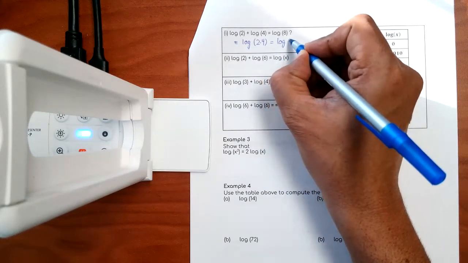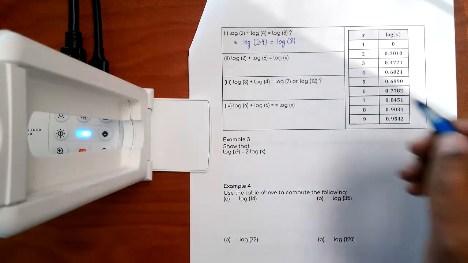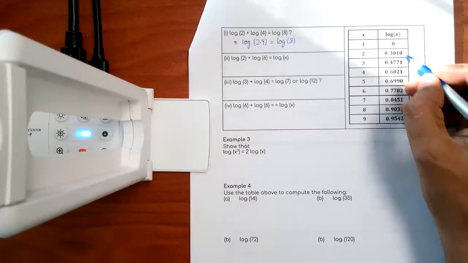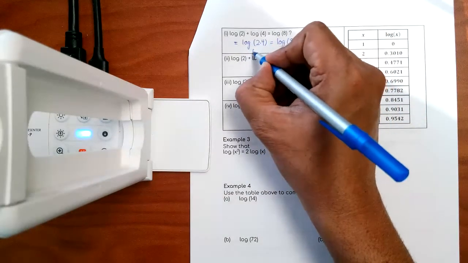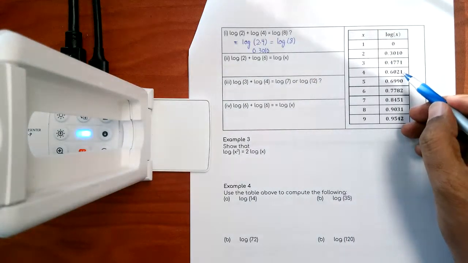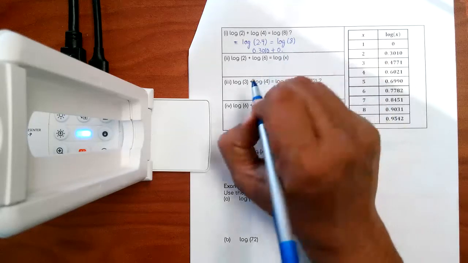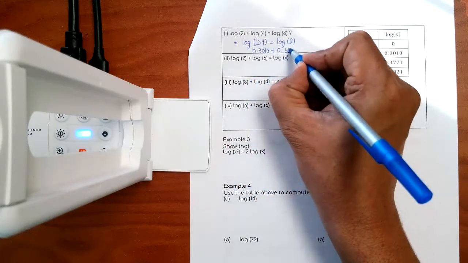Now, if you do it the other way, then you will have to write down the value of log of 2, 0.3010. And what is the log of 4? 0.6021.